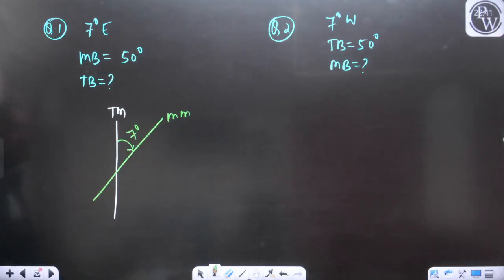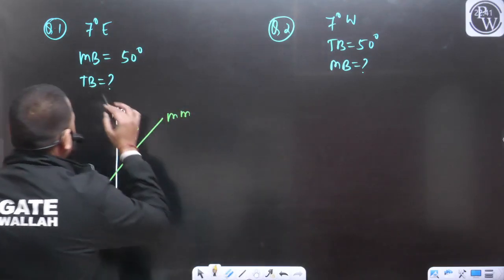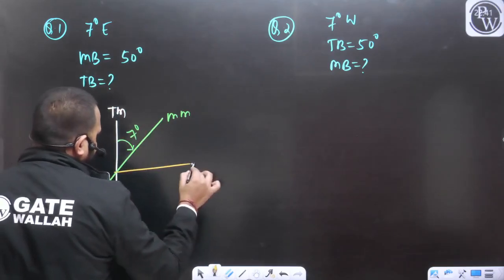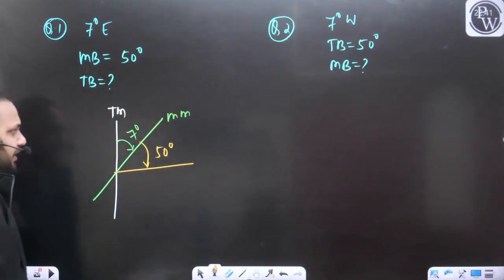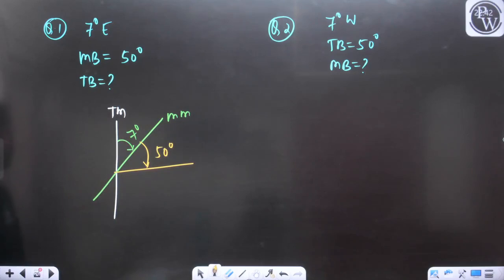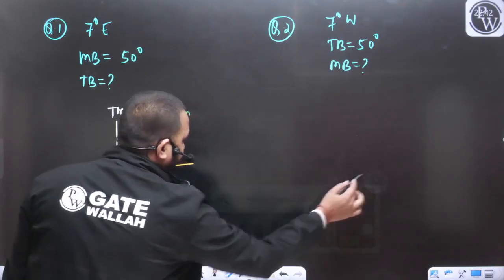There is one line for which they have provided the magnetic bearing, and that is 50 degree. As we know, magnetic bearing we measure from the magnetic meridian. So what will be the true bearing of the same line?